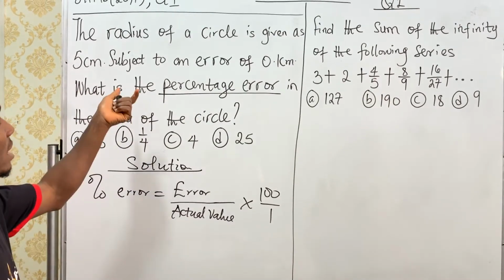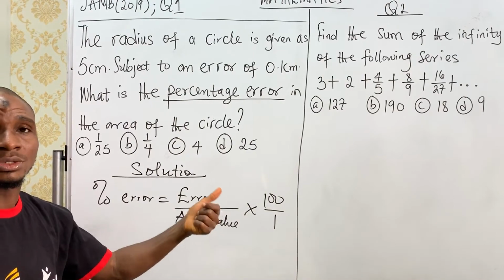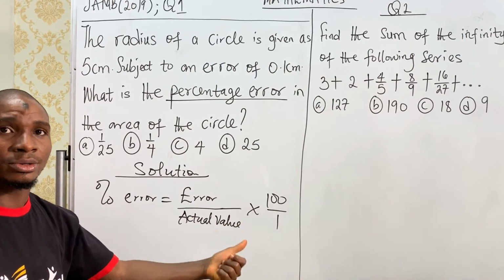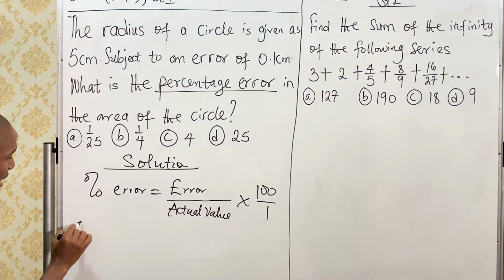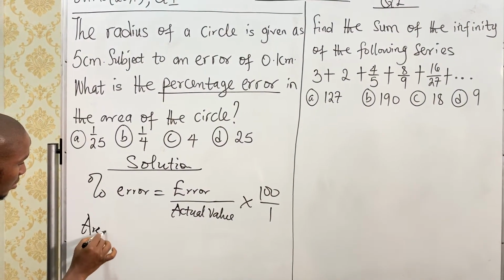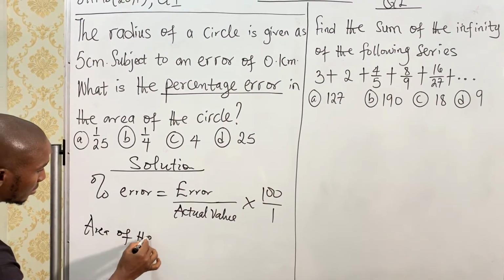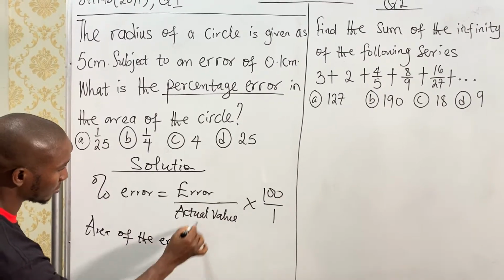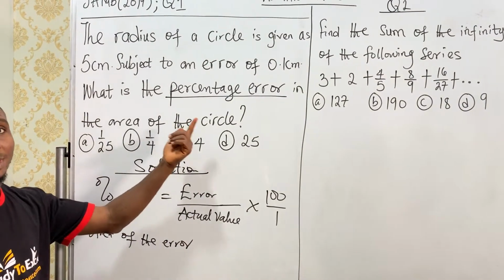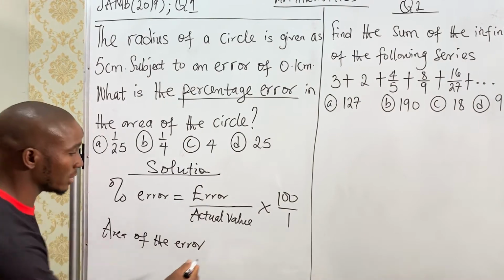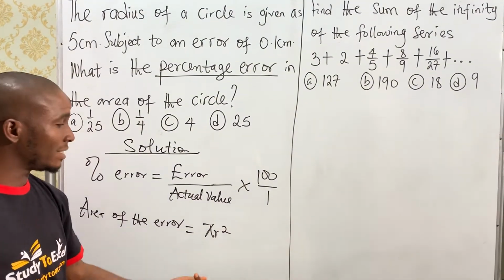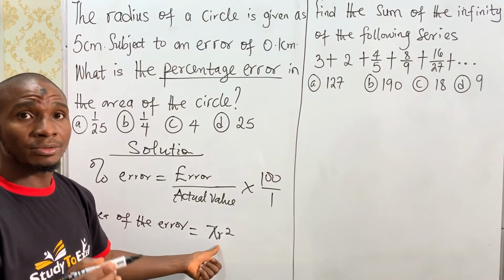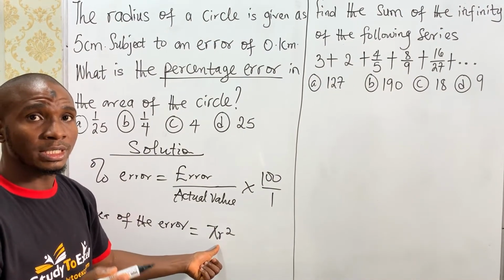Now, we are only given the radius, and meanwhile we are asked to calculate the percentage error of the circle. So we need to note, what is the area of the error? Remember, we are dealing with a circle. The area of a circle is pi r squared, where this r will represent the radius of the error.